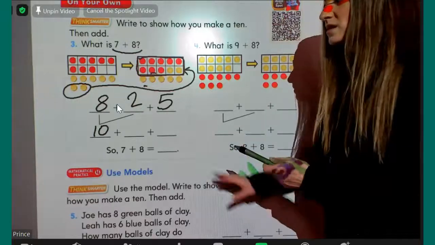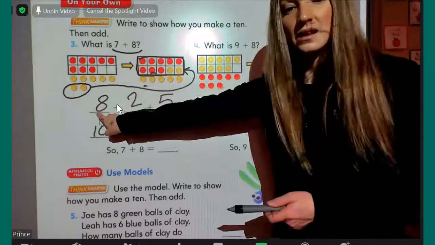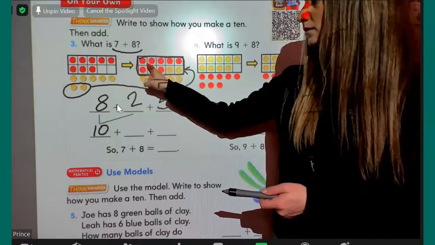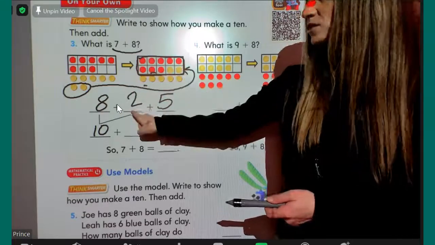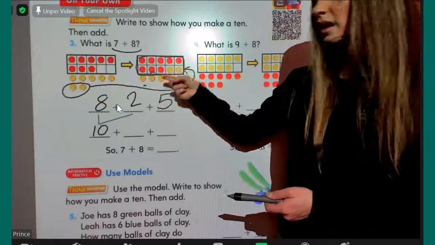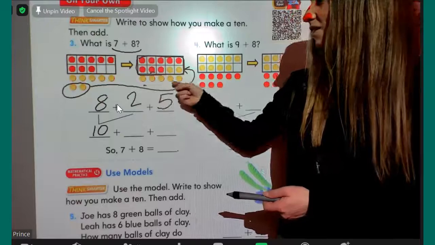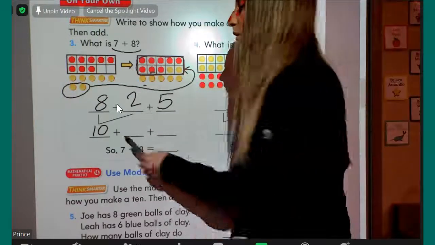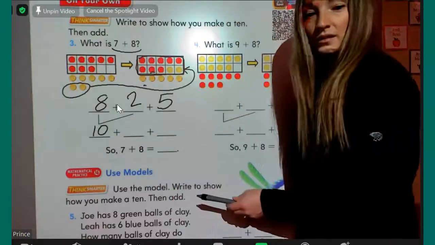So take a look, boys and girls. They wrote an 8 because there's the red 8 right here. And then the 2 is the 2 yellow in here. And then the 5 are the 5 yellow down here. So, we know that 8 plus 2 is 10.